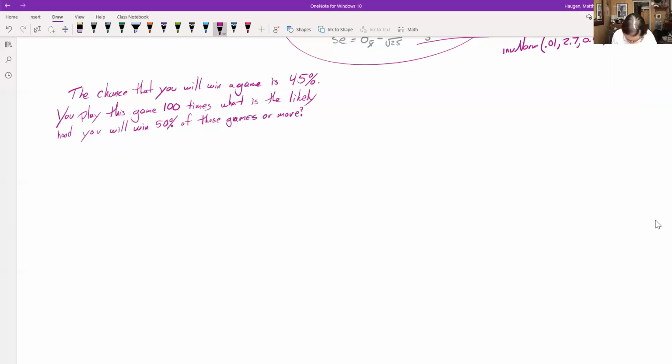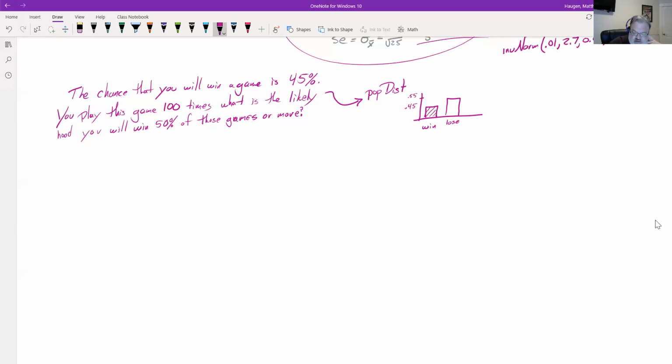So, let's look. First of all, what does our population distribution look like? Well, our population distribution looks like a win at 45% and lose at 55%.